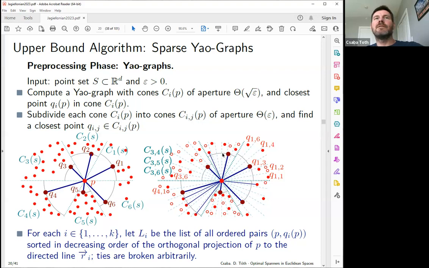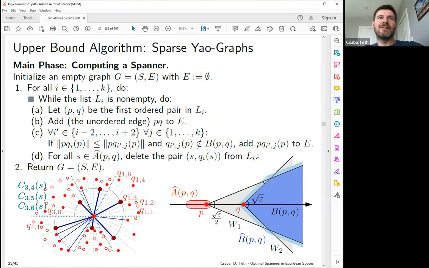And then on the right hand side, when we refine these larger cones into smaller ones, we don't necessarily add all of the edges to the closest point, but only if this condition holds here. So if the points are inside this blue region, then we don't add the edge. If it's somewhere in this gray region, then we add the edge.